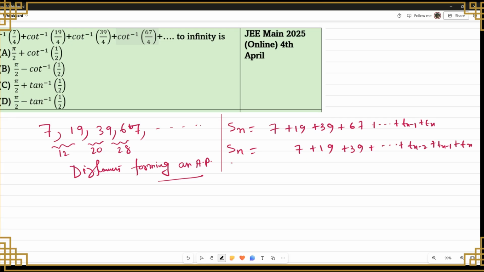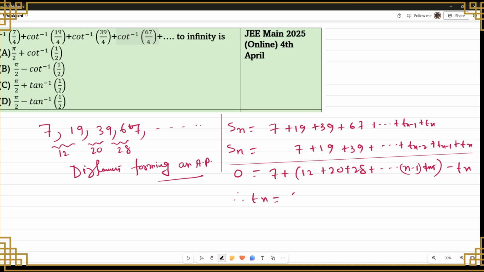We can do it very fast, but I am showing you in detail with the simpler method. If you subtract, this is going to be 7 plus 12 and so on. Why in brackets? Because they will form an arithmetic progression. How many terms are there? This minus 1.